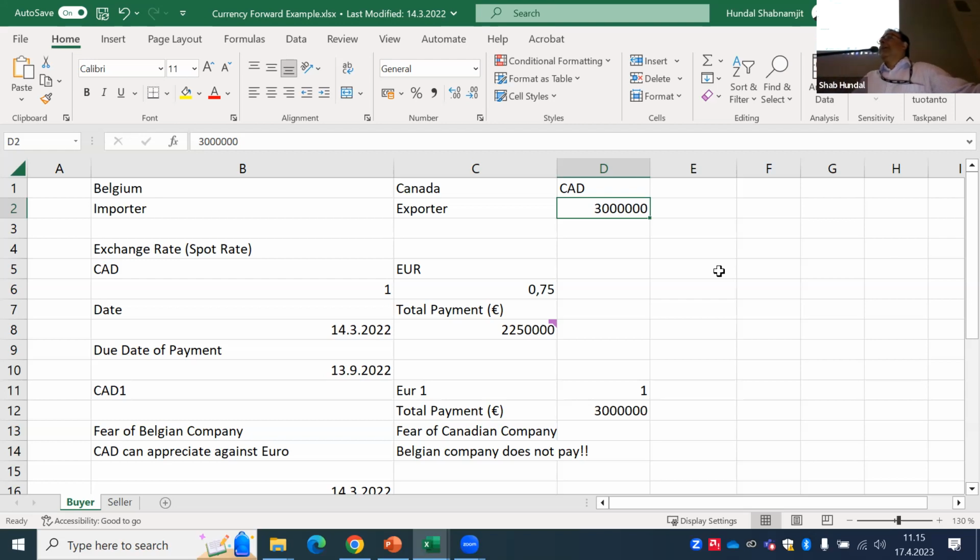This may sound a little bit unethical or immoral, but this is the practice companies follow. You want to give less credit to your customer, but you want to get more credit period from your suppliers so that you don't have to lock cash unnecessarily in the market. Because if you have to make the payment right now, you are not utilizing the credit period, basically. Do we all agree with this?